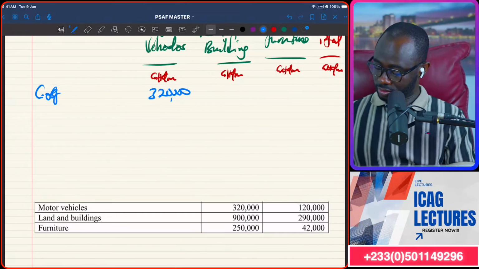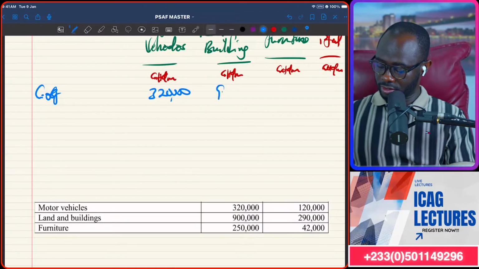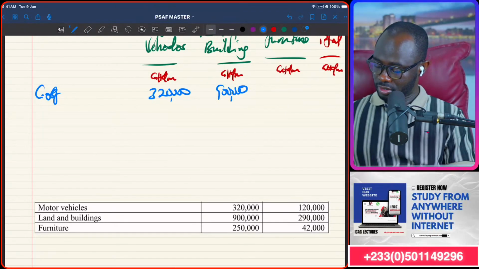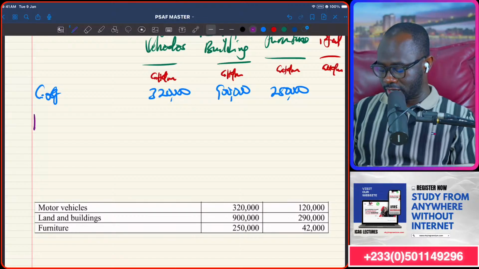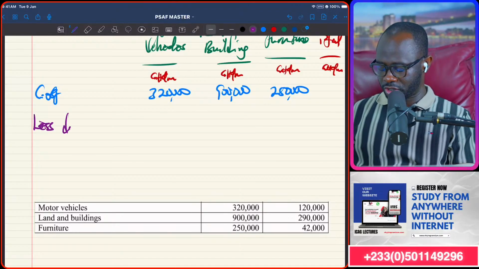320,000, 900,000, and then 250,000. Then we're going to less the depreciation brought forward.